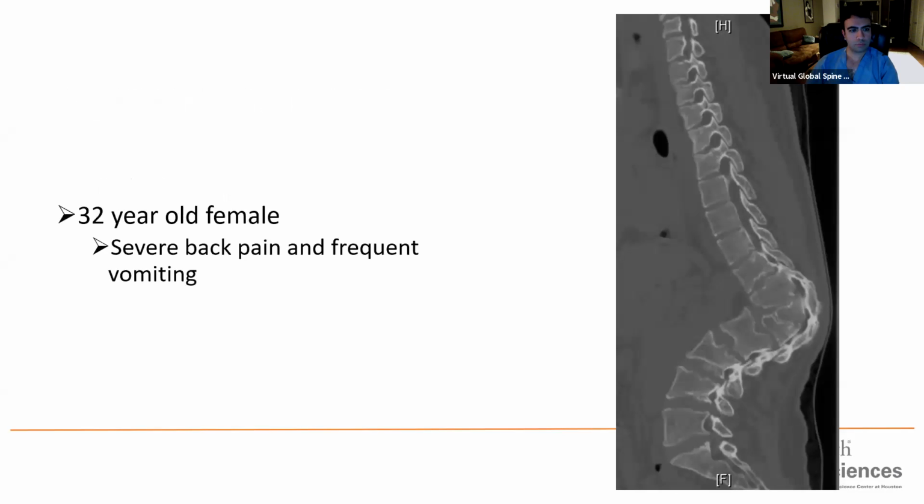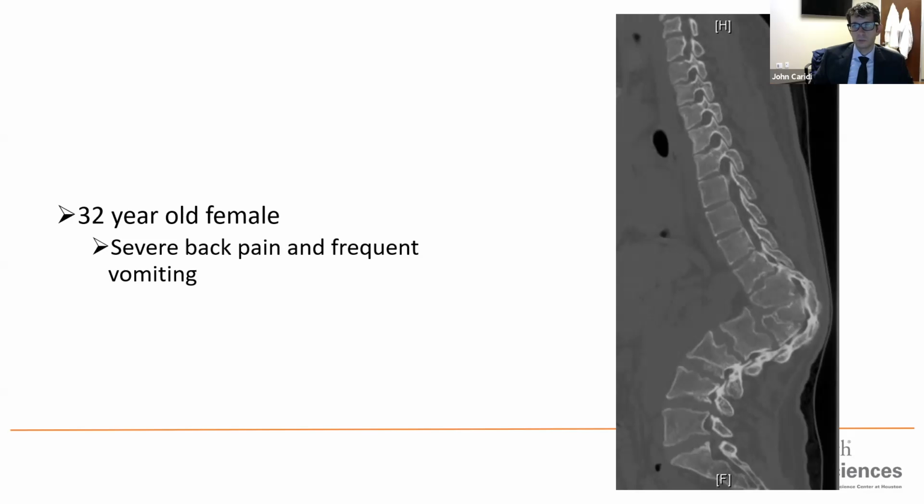All right. So this is my last case. This is a 32-year-old woman who showed up at the office with obviously severe back pain and frequent vomiting. When you looked at her, her xiphoid was essentially pinching into her stomach.